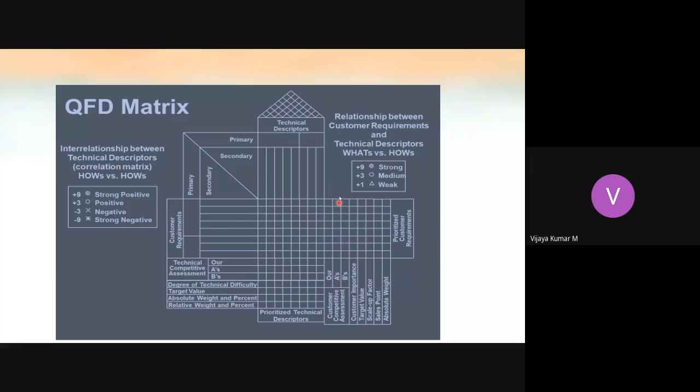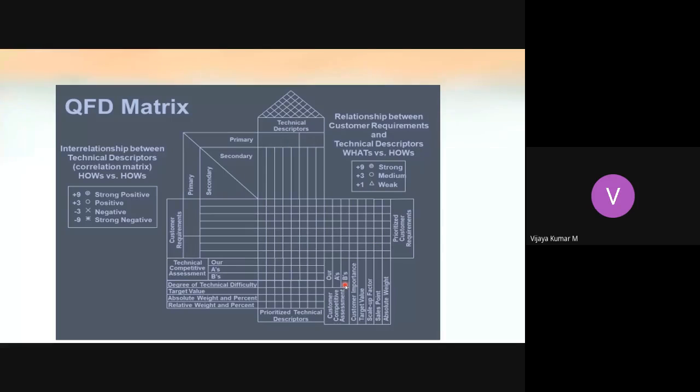The meaning of A's and B's is, for example, the same product is being developed by some other organization, and that organization is number one in the business for manufacturing that particular product. That company is A. Similarly, the second rank company, which is doing the same kind of business, is called B.